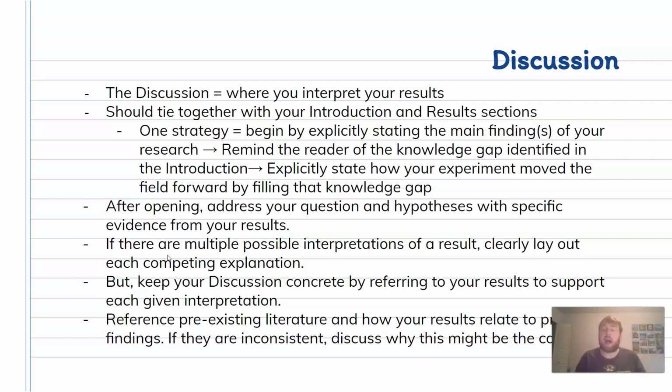And if there are multiple possible interpretations, as in if you think that your results show one of two things or two of two things, you want to be able to clearly lay out each possible explanation.